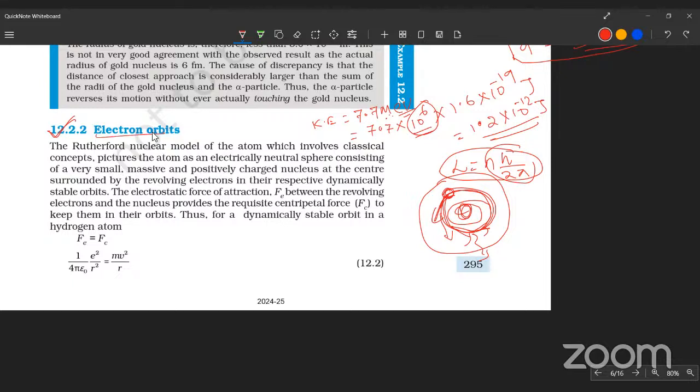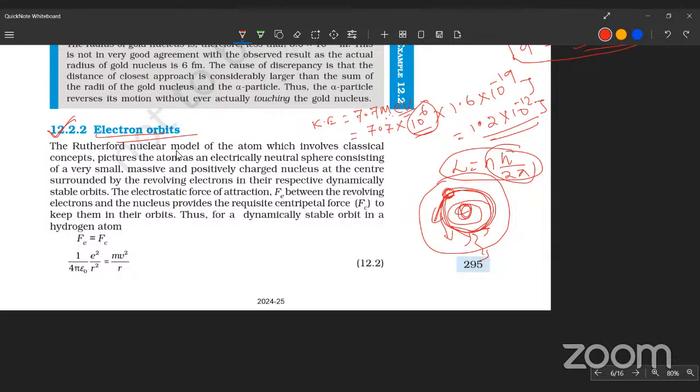Now, what are the electronic orbits possible? Let us find out the orbits of the atom where the electrons revolve around the nucleus.